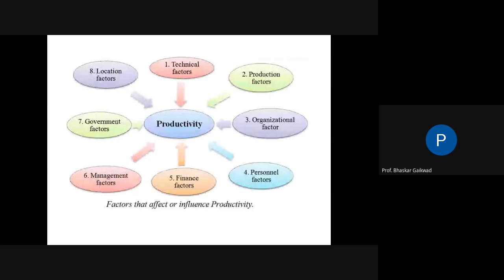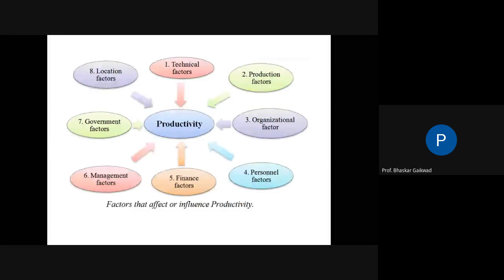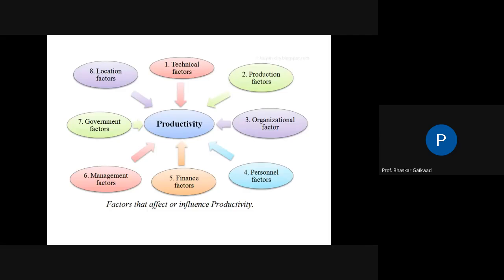Now here productivity. Production means the quantity to be manufactured within 8 hours or a particular duration, and productivity is the output upon input. On which factors does productivity depend?